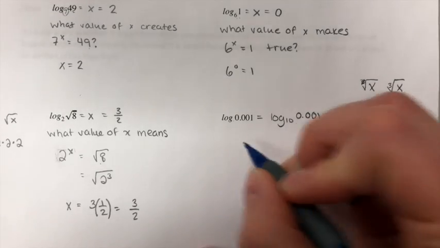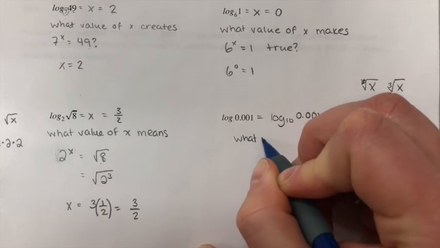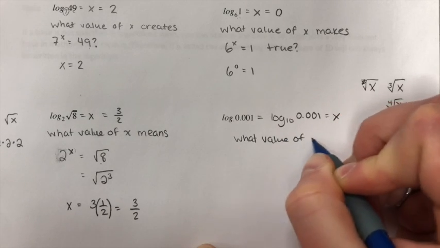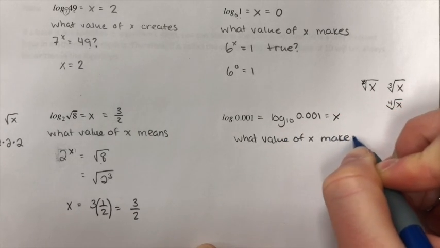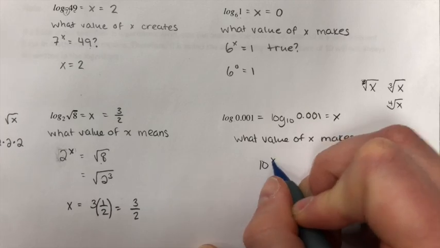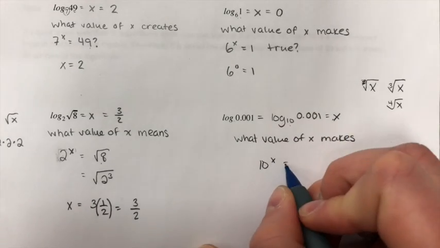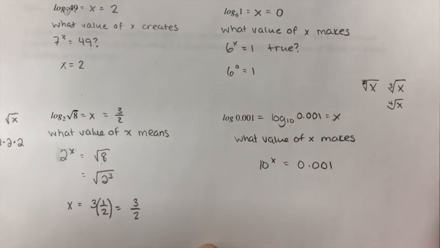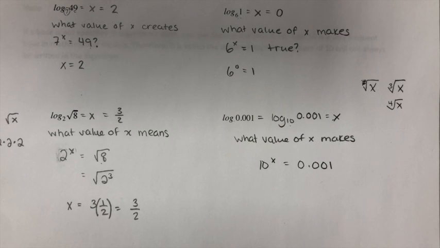So we're saying what value of x makes, so it's going to be 10 to the x, the base to the x, equal to 0.001. Okay, so this one again is kind of tricky. So last year, or maybe in grade 10, you guys would have learned about negative exponents.